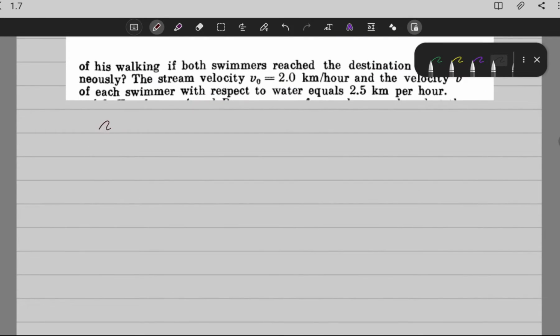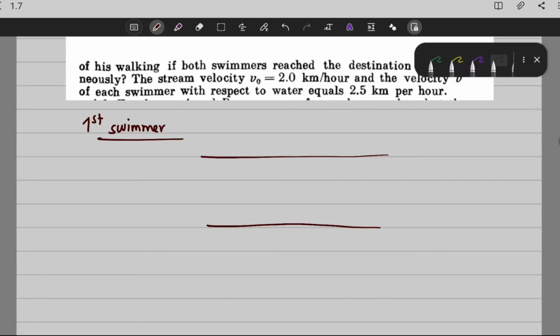So let us first talk about the first swimmer. These are the two banks of the river. This is point A, this is point B. The swimmer is going in the direction from A to B. In this direction the swimmer is not swimming, but actually it is going. What is the meaning of that?